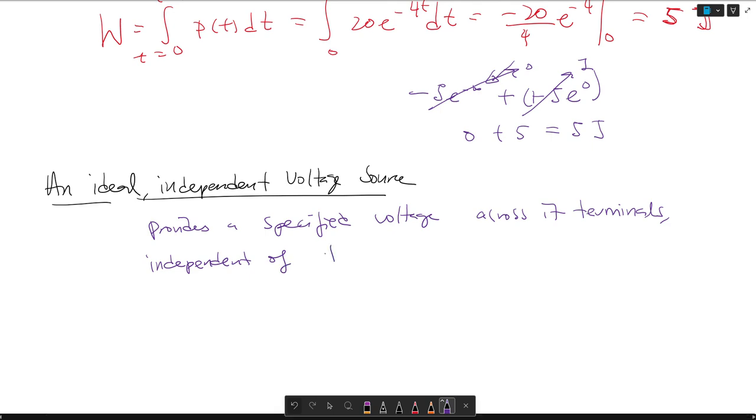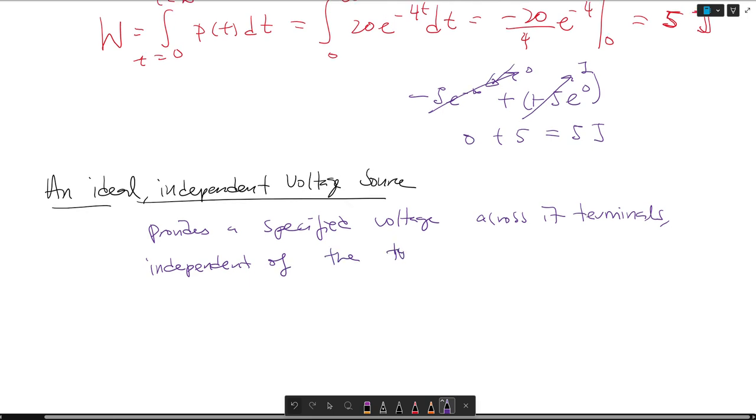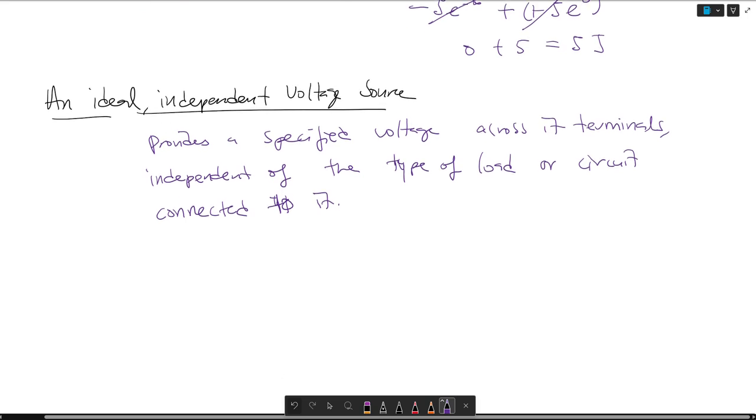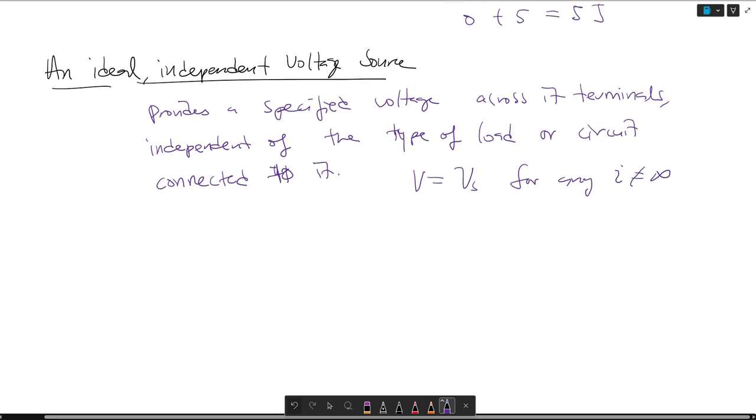Independent of the type of load or circuit connected to it. So essentially, V equals Vs for any I not equal to infinity.